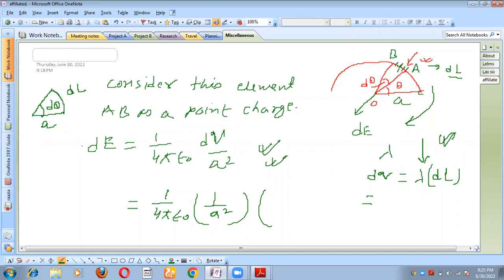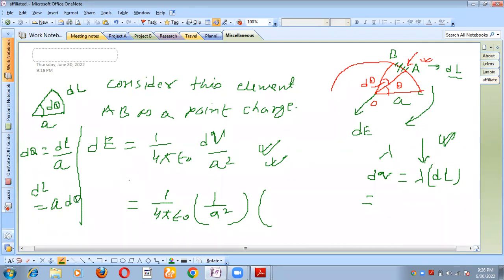You know the formula, right? You have studied it in class 10 also, I think. Angle is arc length upon radius, right? So dl is actually the arc length. What will be dl? a into d theta.